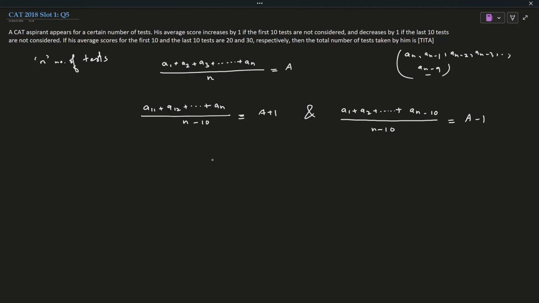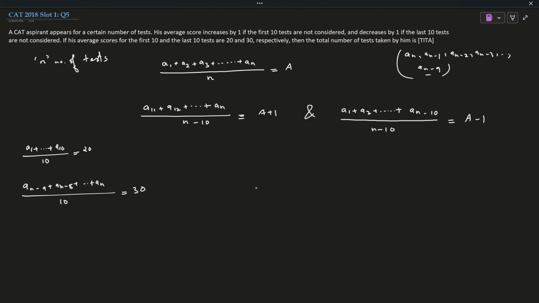Alright. The average score of the first 10, meaning a1 plus dot dot dot plus a10 by 10, is equal to 20, and the last 10, meaning an minus 9 plus an minus 8 plus dot dot dot plus an by 10, is equal to 30.